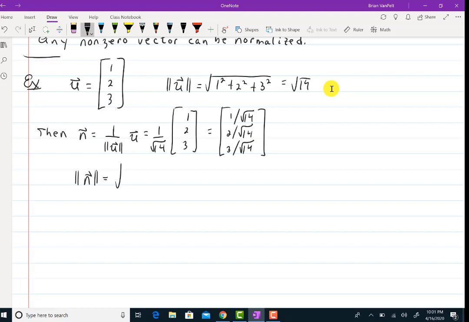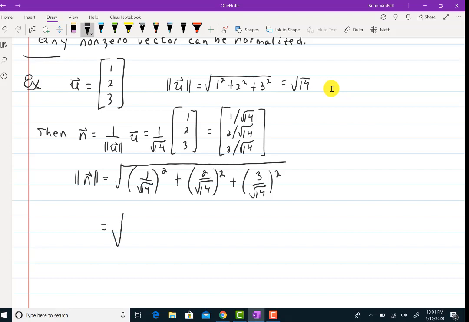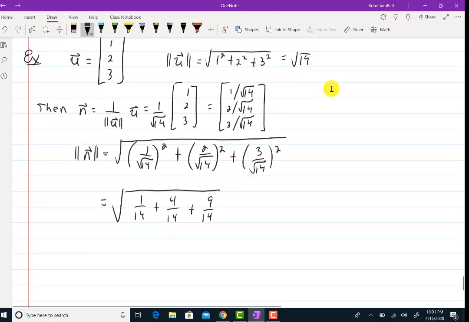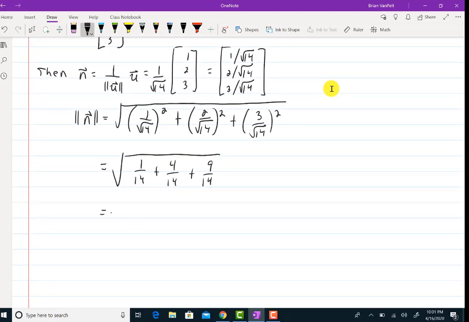This equals the square root of 1 divided by the square root of 14 squared plus 2 divided by the square root of 14 squared plus 3 divided by the square root of 14 squared. That equals the square root of 1 over 14 plus 4 over 14 plus 9 over 14. All those over 14s add up to 14 over 14, which is equal to 1.